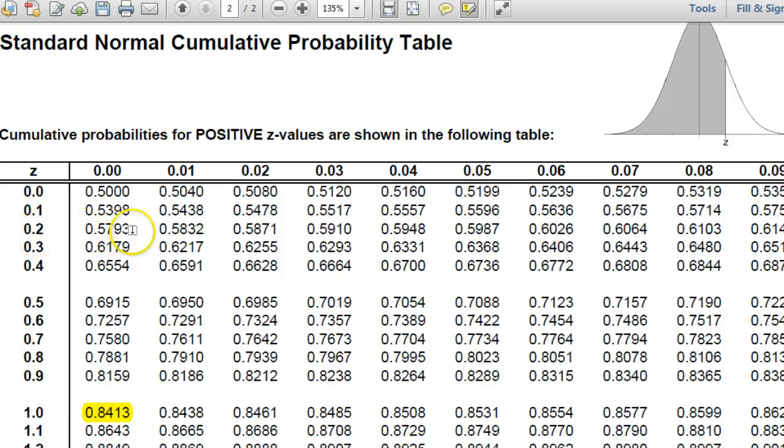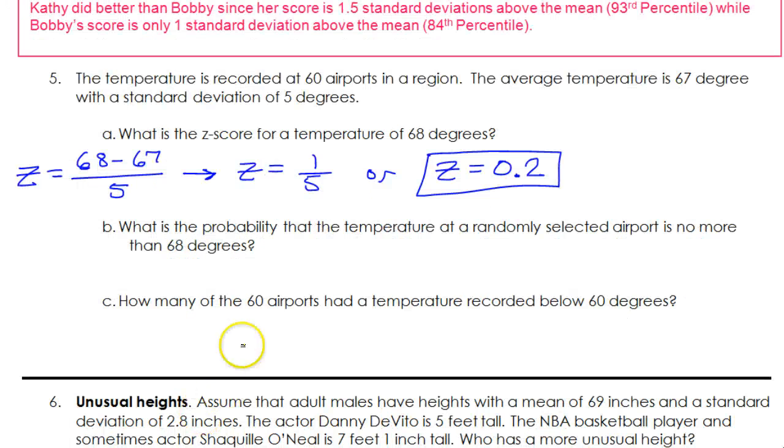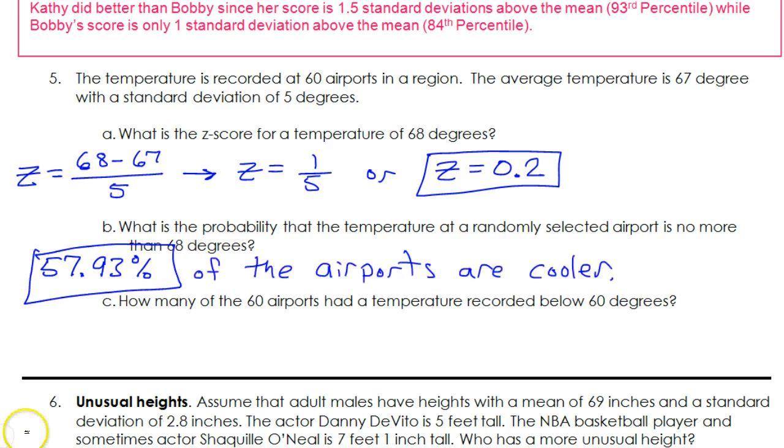So that means we are dealing with this number. 57.93% of the airports should be less than this number. Almost 58% of the airports are cooler.